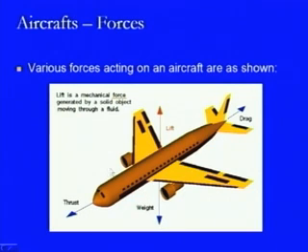Now, in this particular diagram some forces have been shown. The weight is always acting in the downward direction through the CG of the aircraft. So, if we assume that the CG is somewhere here, then the weight will be acting vertically downwards like this.